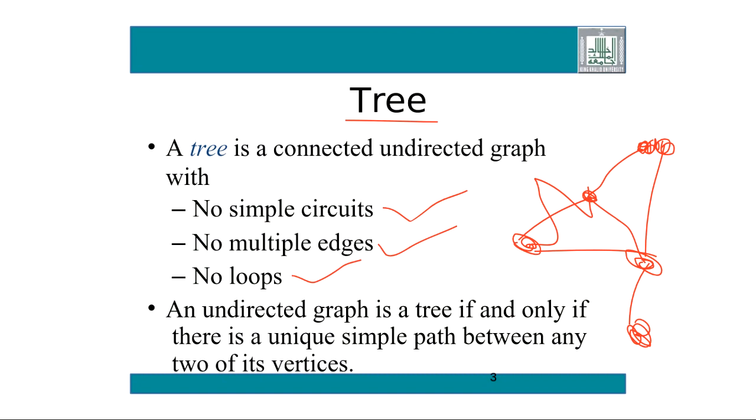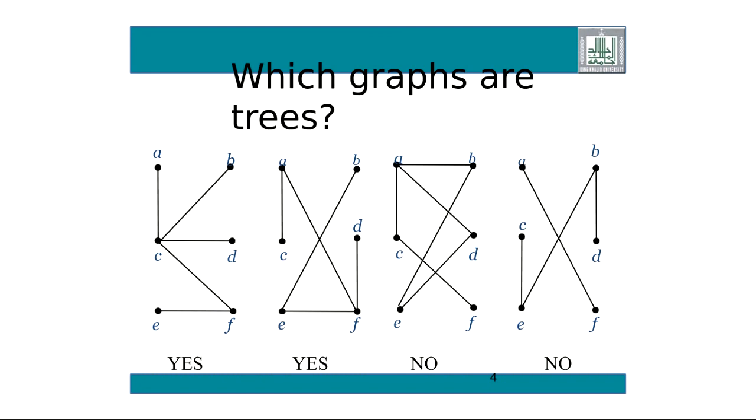See here, this is an example. This is one graph, and this is another graph. Among all these graphs, we have to find out which graph is a tree and which is not. The first one is a tree.